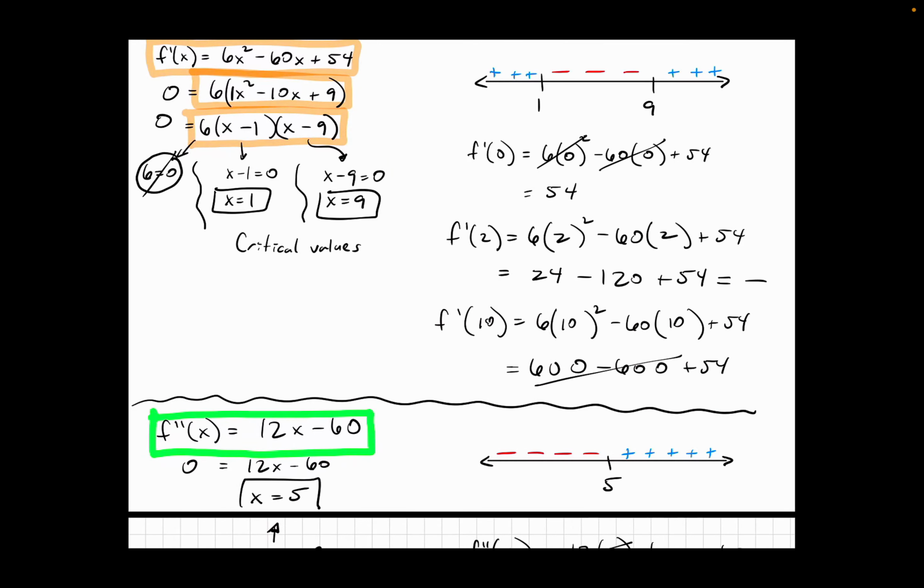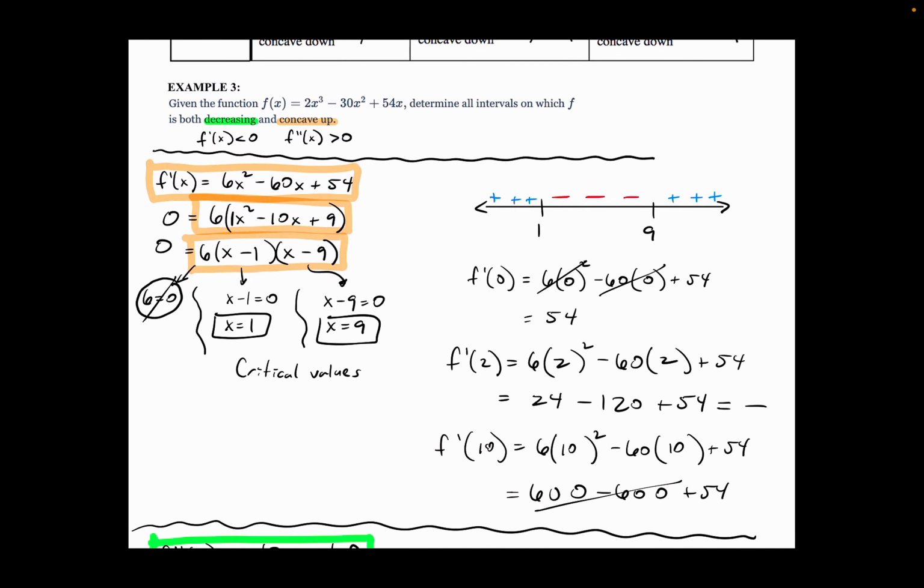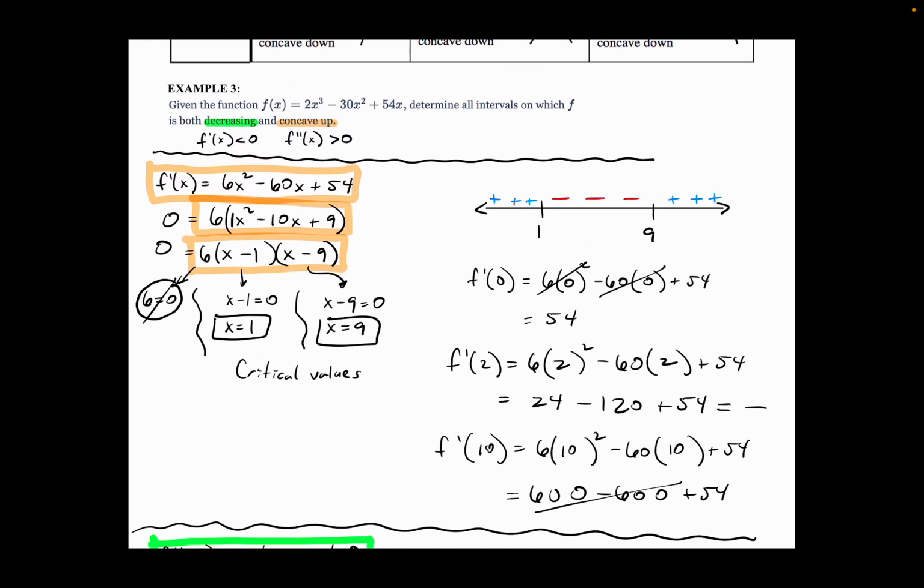It's not the same numbers on the number line, right? I have 1 and 9 for the first derivative, 5 for the second derivative. So if I were to take this and put it right on top of those, I'm looking for negative, positive.